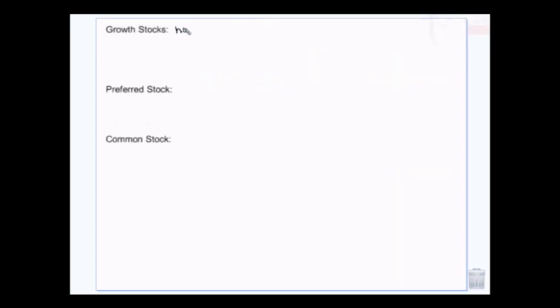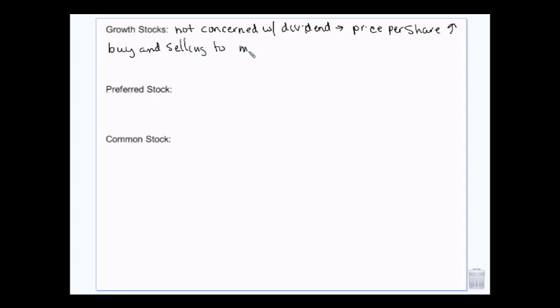Growth stock investors are not concerned with dividends. This is about the price per share. People that are doing growth stocks are buying and selling to make money. However, stock can be both.